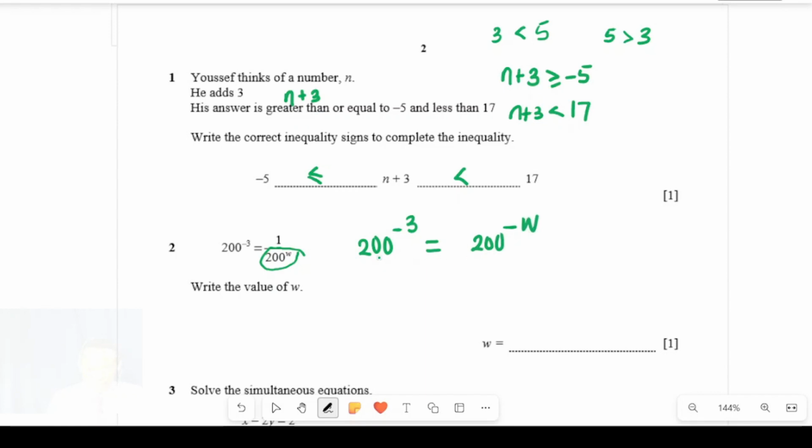Since the base, 200 and 200, is equal, you can equate the power. Therefore negative 3 is equal to negative w, which means negative cancels negative, w is equal to 3.